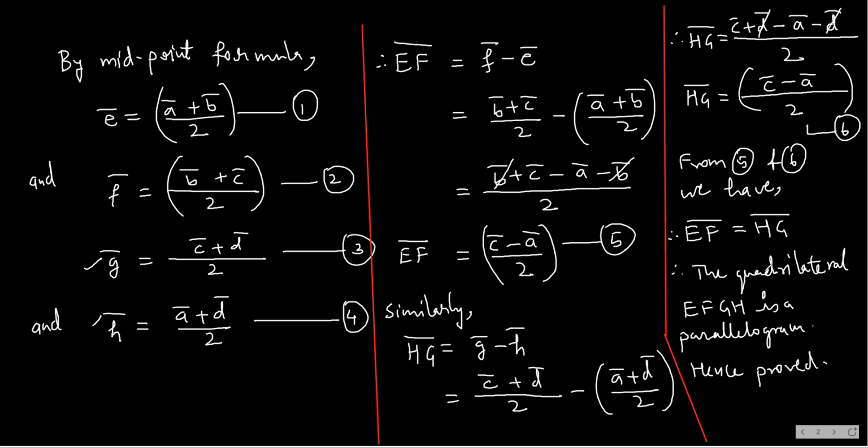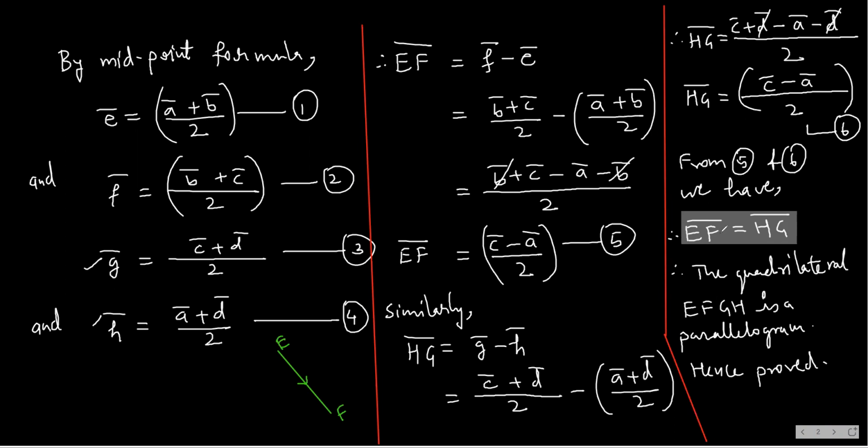Now, in case you are still wondering how the proof is done, I will show you by drawing the diagram. See here, you have EF bar equal to HG bar. Draw EF bar. Now you have to draw HG bar, which should be equal to EF bar.